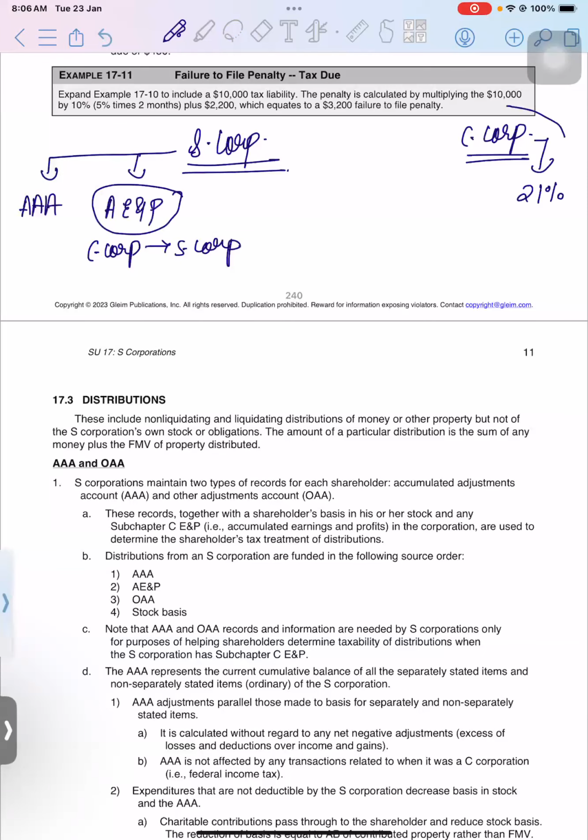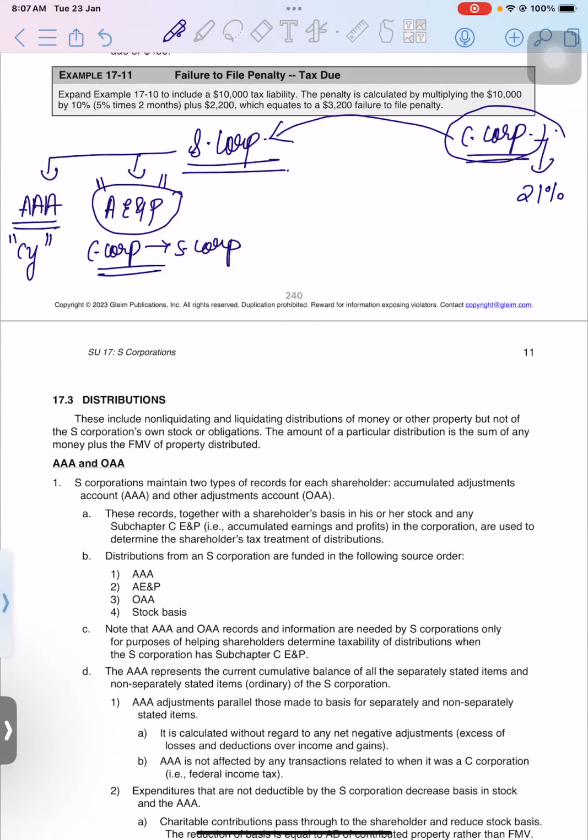So whatever was the profit in the C Corp, which is the retained earnings getting carried forward each year, will get transferred to S Corp and it will be named accumulated E&P. Understood? So this is the accumulated adjustment account, nothing but our current year earnings. This is our accumulated earnings and profit from our C Corporation.